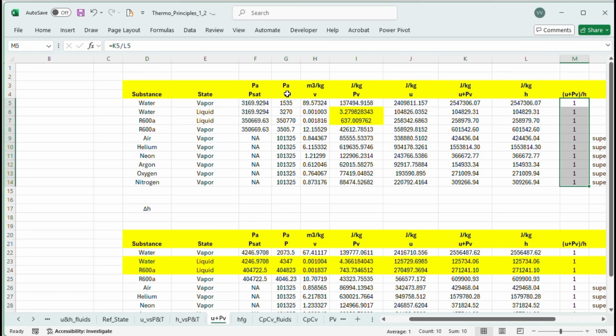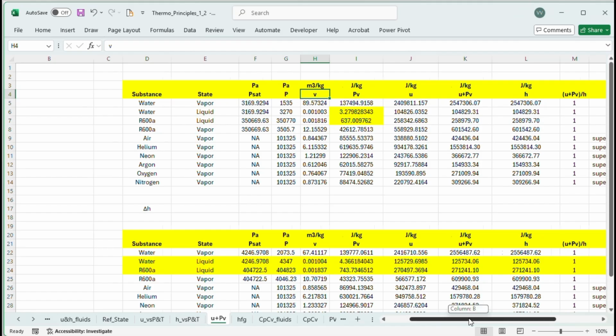If you know the pressure of the fluid and the specific volume, and if you also know the internal energy, it's easy to calculate enthalpy. If you know P and V, you can calculate U using the equations, and then using U and PV, you can calculate H. So both U and H are derived properties based on standard properties like pressure and specific volume.